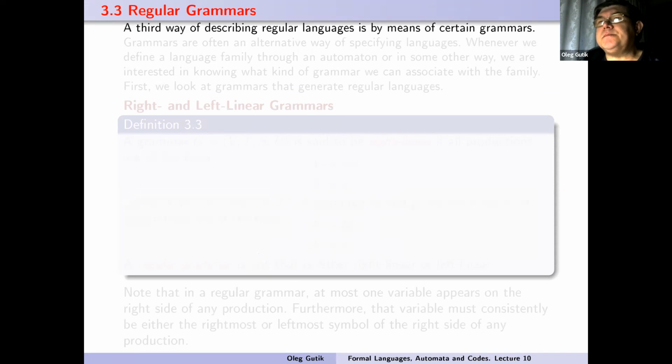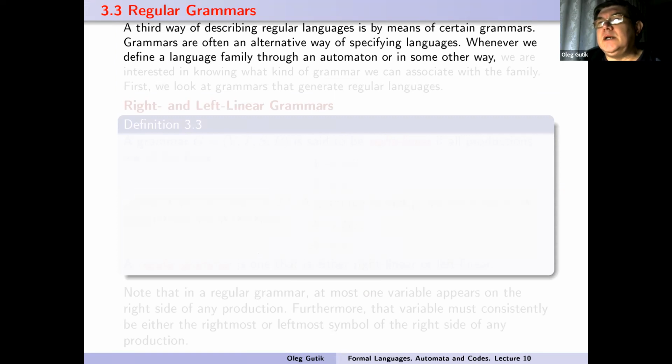So we should start. A simple way of describing regular languages is by means of certain grammars. Grammars are often an alternative way of specifying languages.